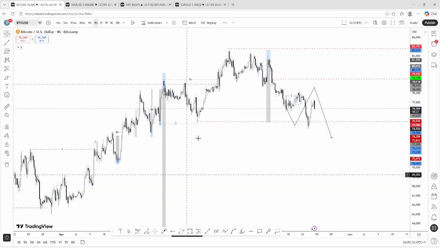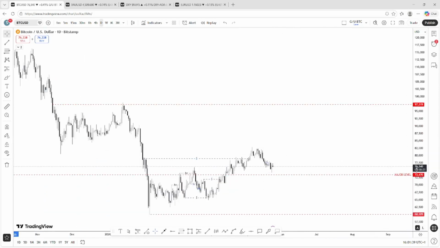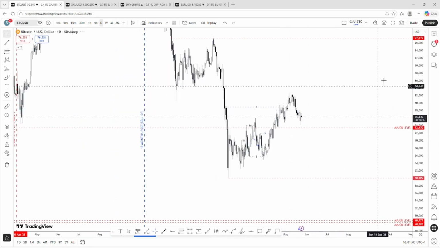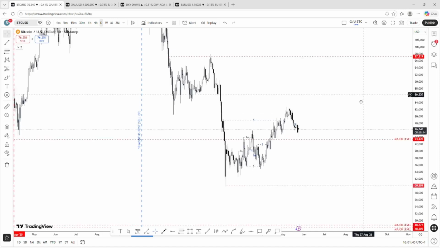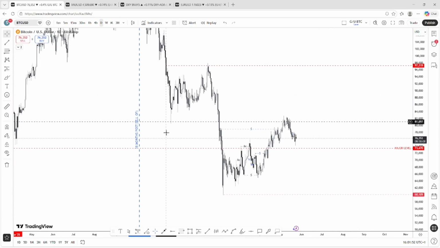Yes, BTC has, well, Bitcoin has been giving us a very nice move, and you can see that clearly. We have had an impulse to the downside, correction, impulse again.